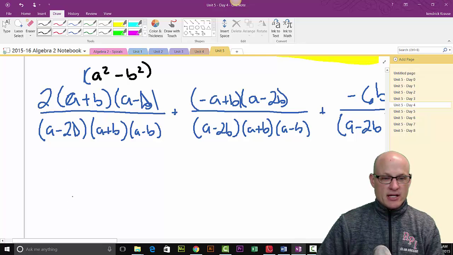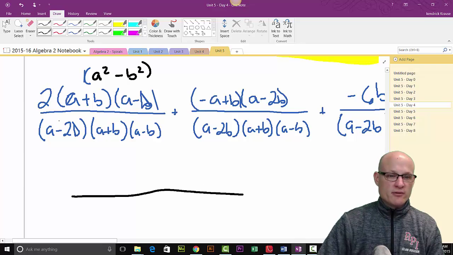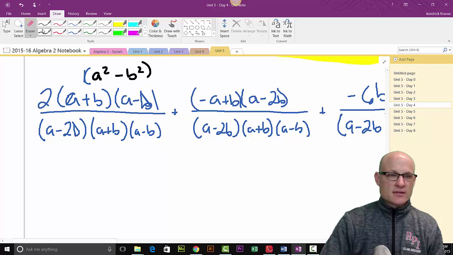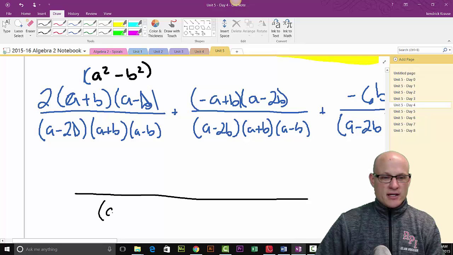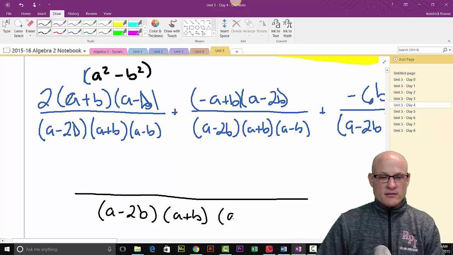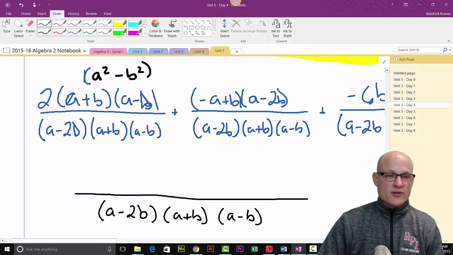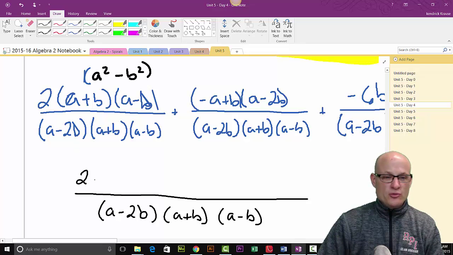By the way, my common denominator is a minus 2b, a plus b, a minus b. All right, so this one's going to give me 2a squared minus 2b squared.